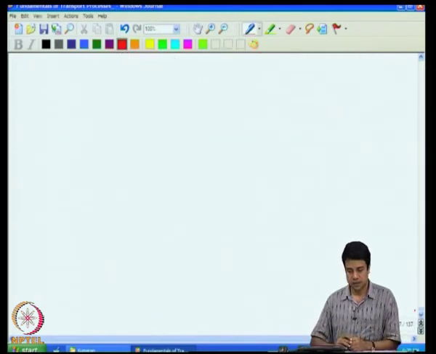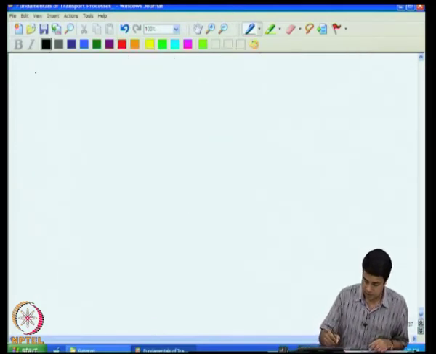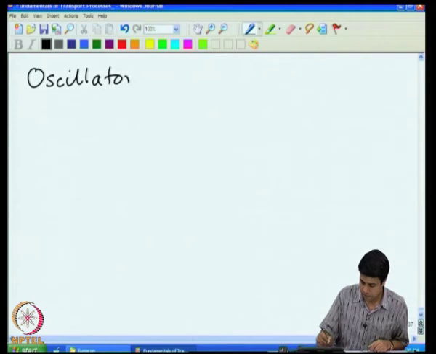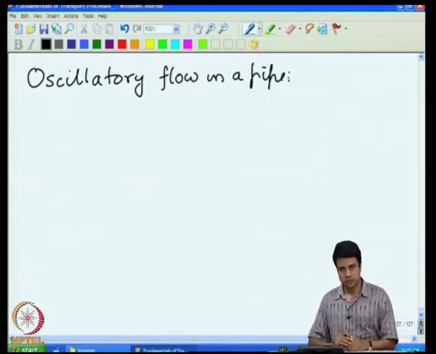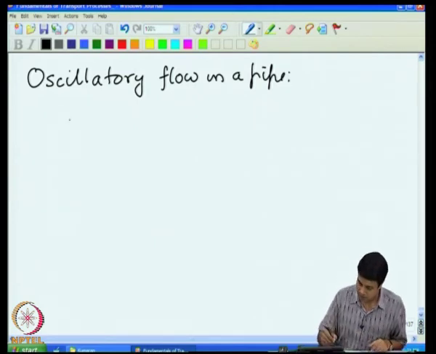Let us take a slightly more complicated situation, and that is oscillatory flow. Oscillatory flow in a pipe due to an oscillation in the pressure gradient. So, the configuration is as follows.